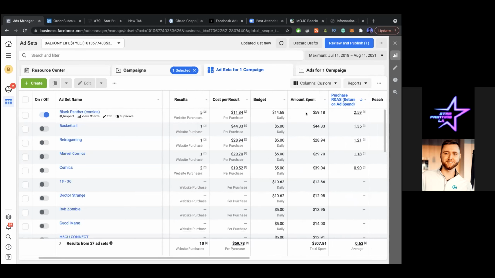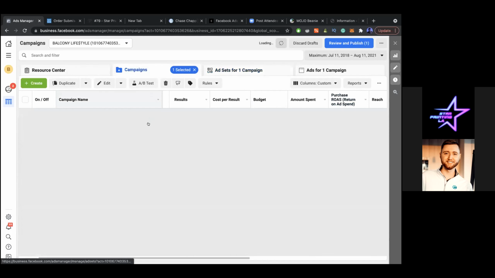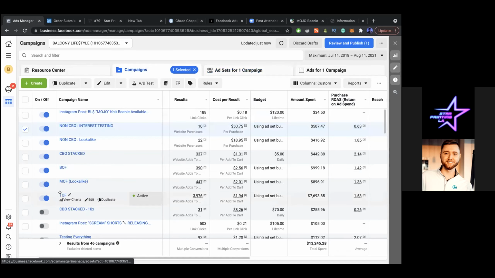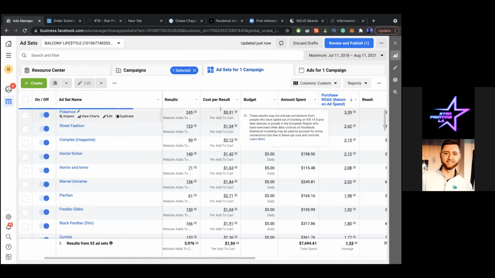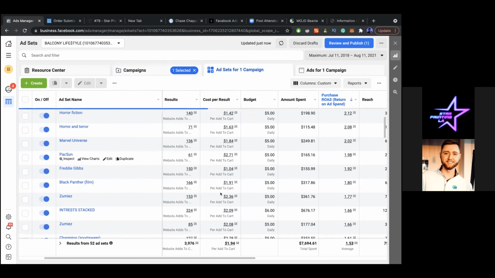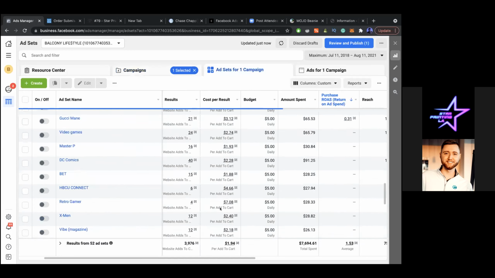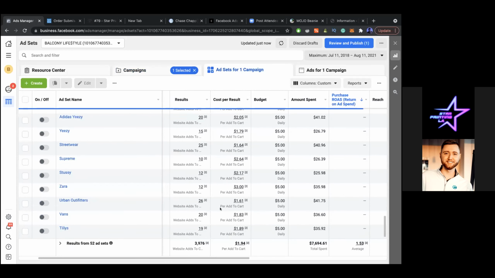This one's been going, if we start at 5 a day. You can optimize it for add to cart. I wouldn't want to, but if it's working better in terms of results, it makes sense. Yeah, from a cost perspective, like on the TOF, look how cheap that is. At that rate, it makes sense. Totally.